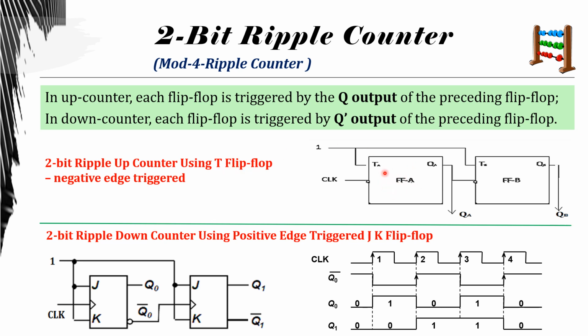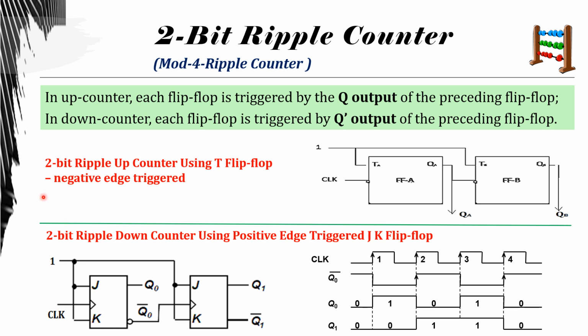We are taking 2 T flip-flops, and these T input lines are tied to the logic 1. To make that into the toggle mode, these T inputs are tied to the logic 1. So we are using two T flip-flops and these T input terminals are connected to logic 1.